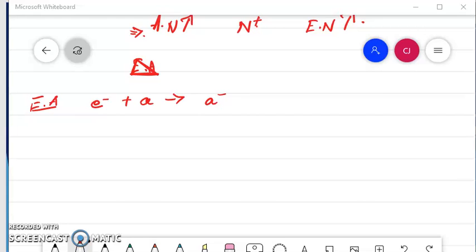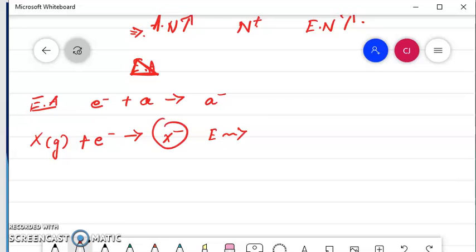I will give an example. If this is the atom in the gaseous state and an electron is added to it, it gives a negative ion. Because of this negative ion, energy is released. This is the first electron affinity.